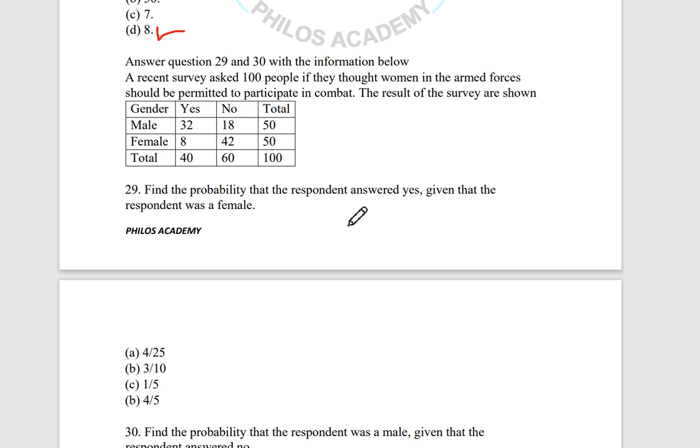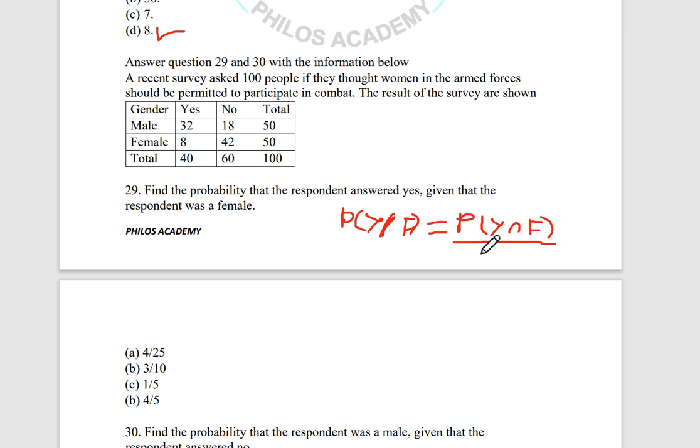To answer this question, this is how we do it. The probability that the respondent answers yes, let's say yes is Y, given that, we use this sign, given that it's a female, should be equal to the probability of yes intersection female, that's the formula, divided by the probability that the person will be a female.